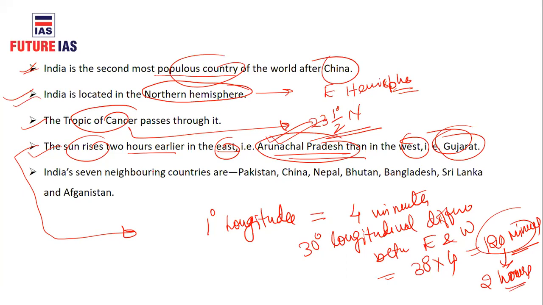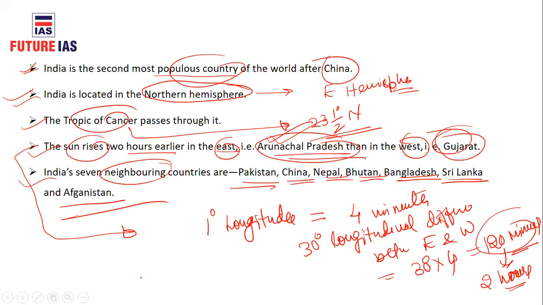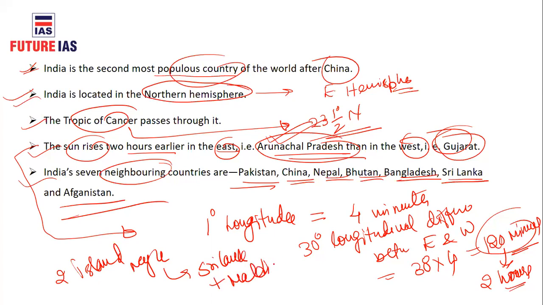All right. And India has 7 neighbors, which means Pakistan, China, Nepal, Bhutan, Bangladesh, and Sri Lanka, apart from Afghanistan. Also, you will have 2 island neighbors: Sri Lanka and the Maldives.